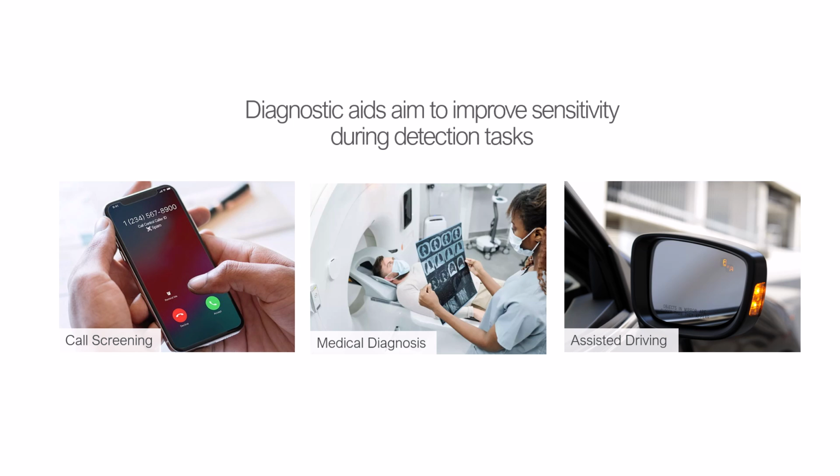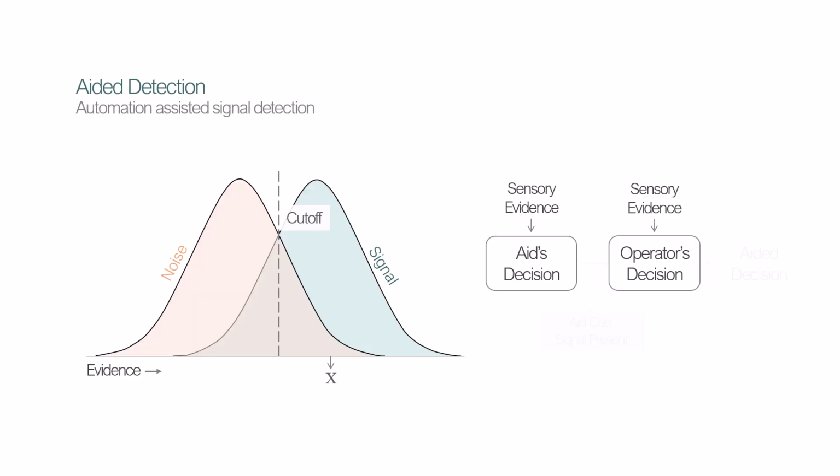And the general point of having these automated aids is to help us do better than we would by ourselves, and a little bit more specifically to increase our sensitivity, or ability to distinguish between normal noise events of the world and critical signal events of the world. What we have happening during this aided process is that we have both agents engaged in independent processes of signal detection. So they gather evidence for signal in the environment, encoded mentally as a decision variable X, and they gauge this variable against an evidence cutoff to see if they will elicit a yes judgment.